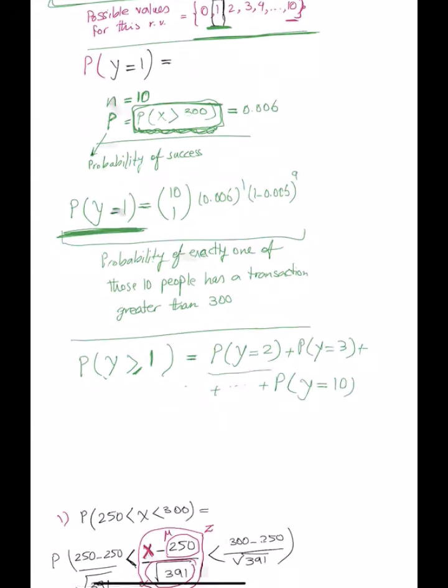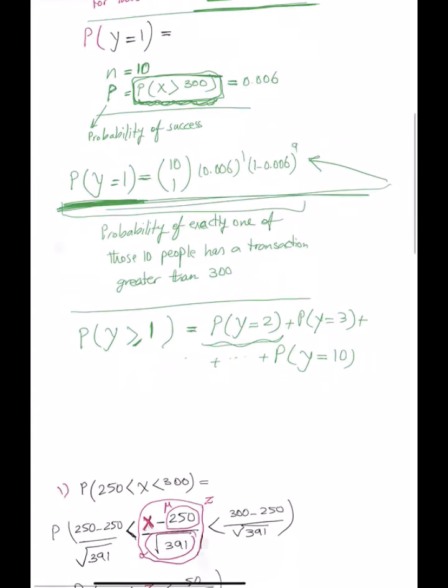For each one of these probabilities, we have to write something similar to this and calculate it. What is an easier way to rewrite this?